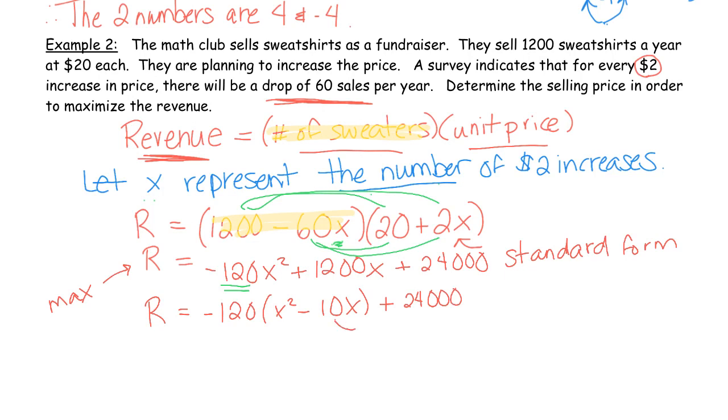And then we know I'm going to take that negative 10, divide it by 2 and square it. So I get negative 120, and here I have x squared minus 10x plus 25 minus 25. So we add it and subtract it, plus 24,000.